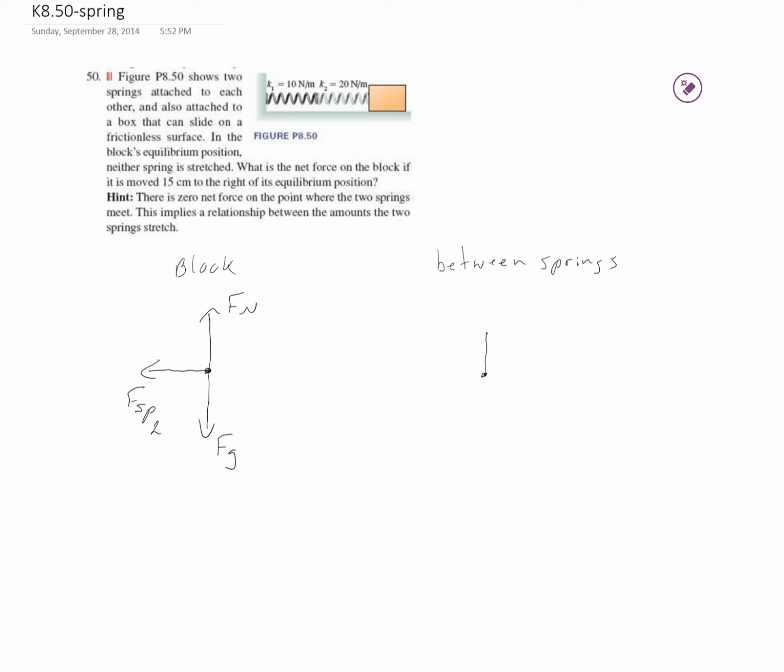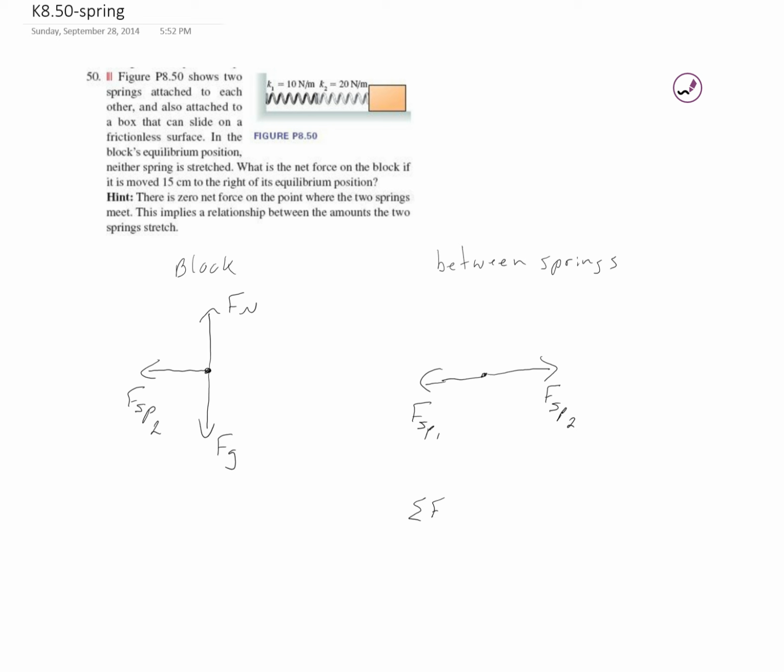And between the springs, since we're assuming the springs are massless, all we're going to have is force spring 2 and force spring 1.